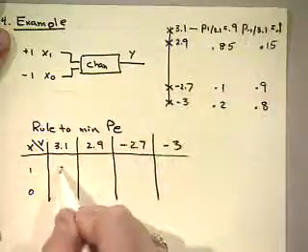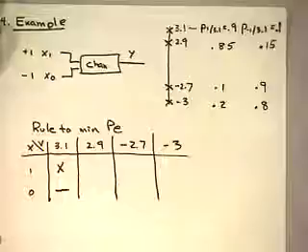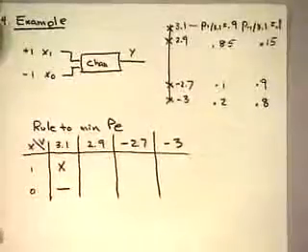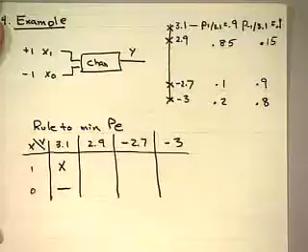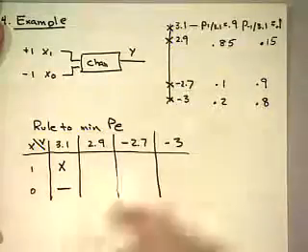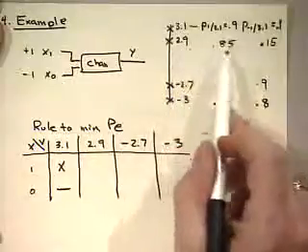A 1 is more likely than a -1. So my decision here is going to be for message 1 and not for 0. So if 3.1 comes out, I decide message 1 was transmitted.